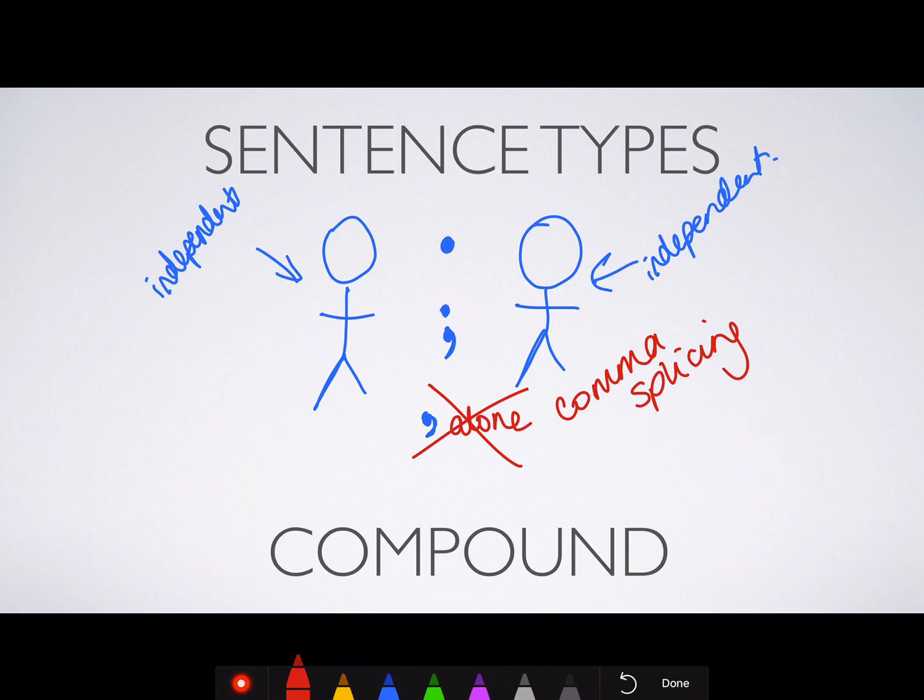In this case, both of these people are independent. Therefore, they do not need the comma as a helping hand. What they need is the comma with a FANBOYS, otherwise known as coordinating conjunctions, which are then used to establish the relationship between these two.